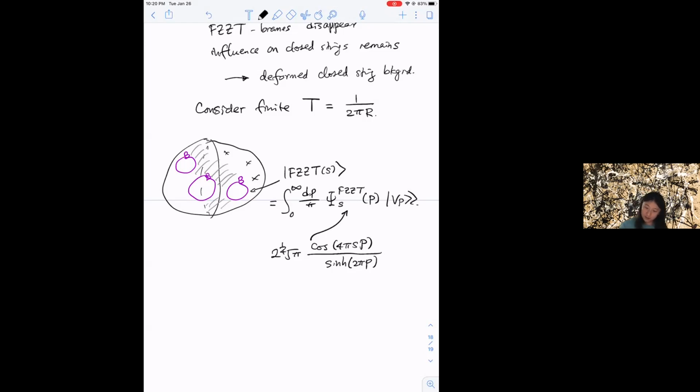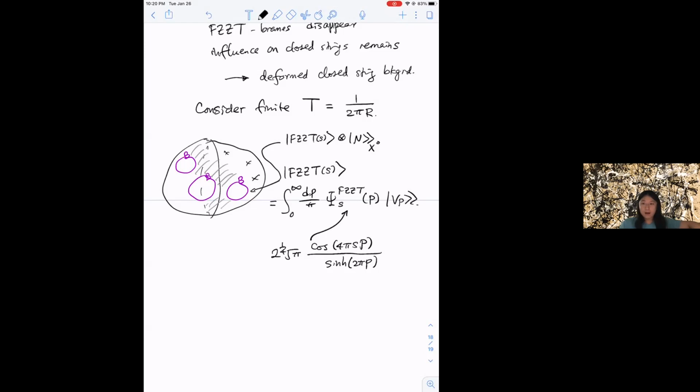Actually, let me be a little more precise. This thing here is the FZT boundary state tensored with the Neumann boundary state in the time-like boson sector, X0. There's also the ghost stuff, which is standard.